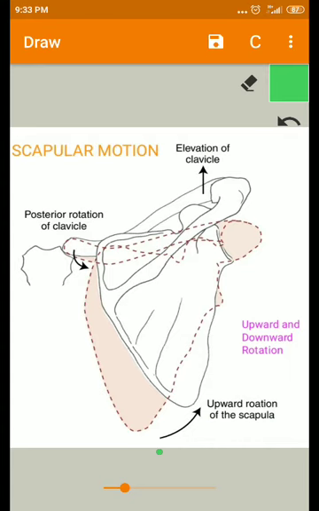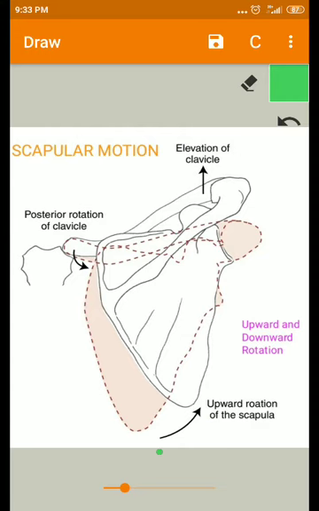In the previous session, we have seen the scapulothoracic joint and also the plane of the scapula, that is the resting position of the scapula. So, based upon the resting position of the scapula, the motions are described as whatever the motions we have already discussed in the acromioclavicular joint, the same motions which occur in the scapulothoracic joint.